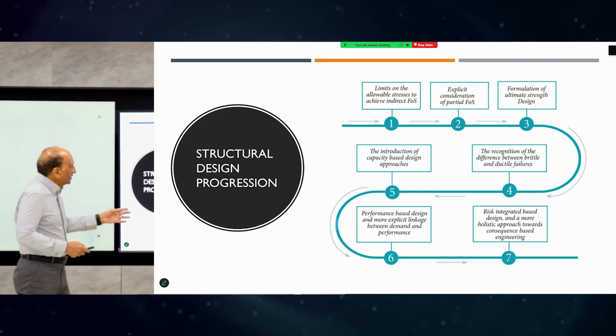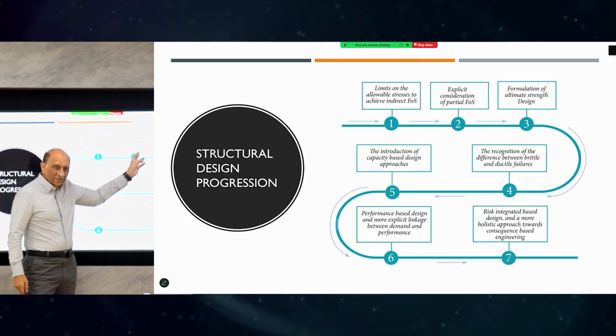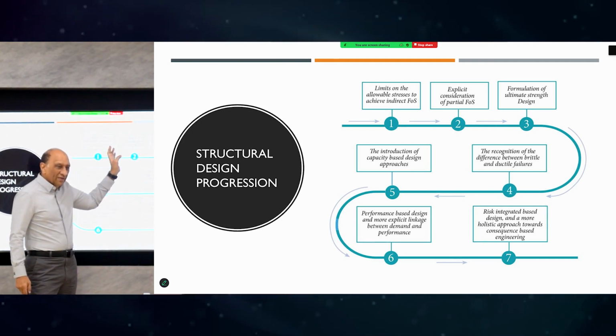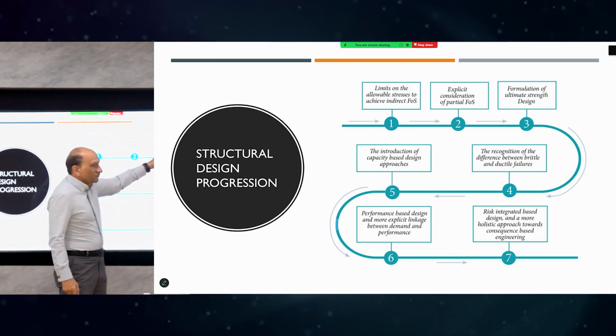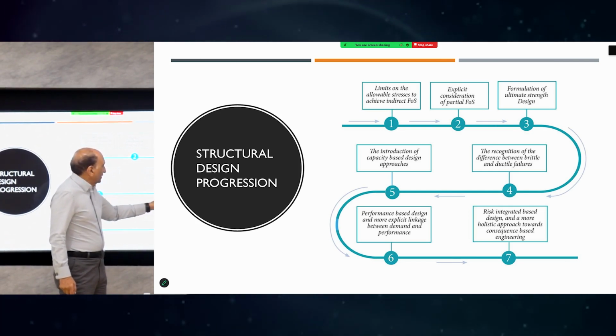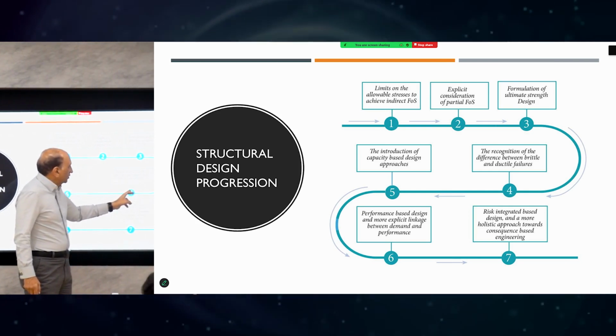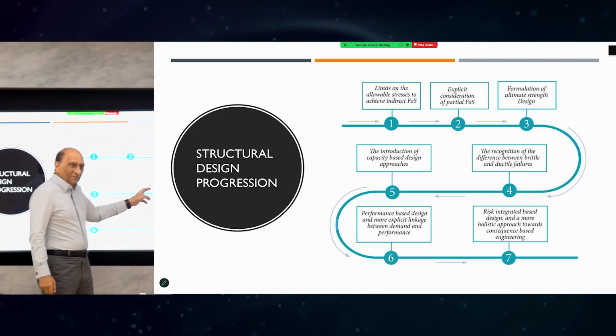Then came the partial factor of safety method, was introduced, because this was not enough, because people found, we have discussed this in the previous class, and then formulation of ultimate strength design came in when reinforced concrete started to be popular. Then the definition between brittle and ductile came in, and then changed.